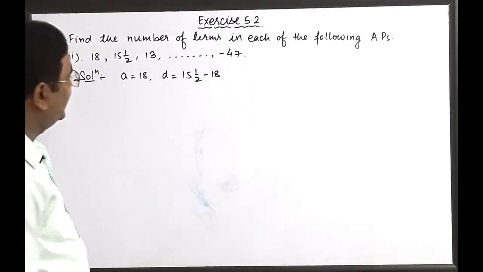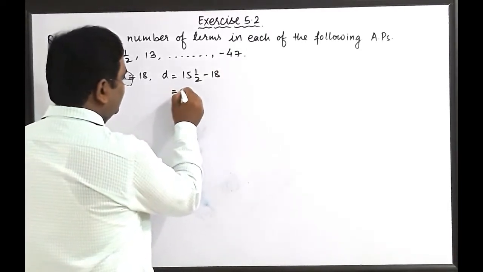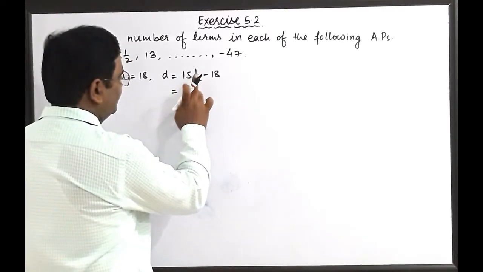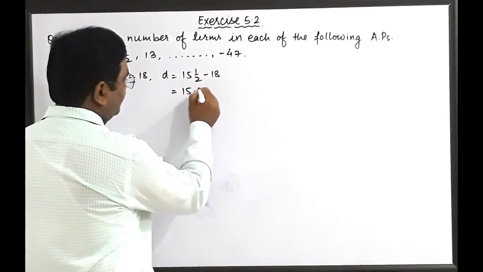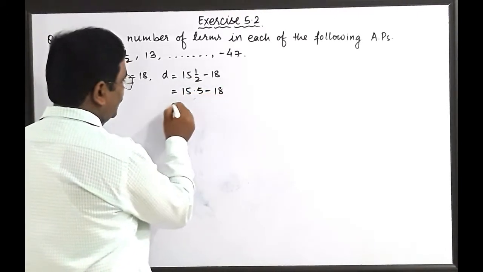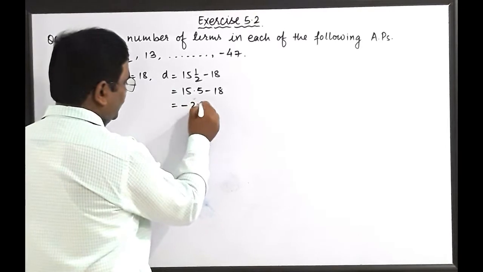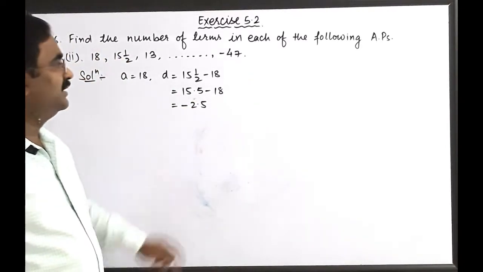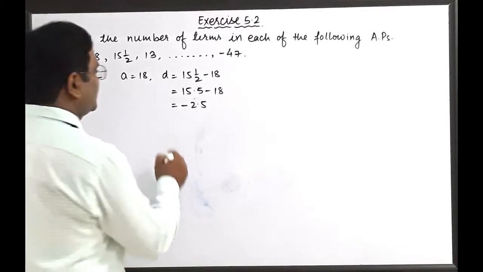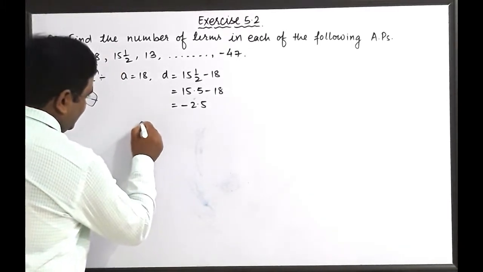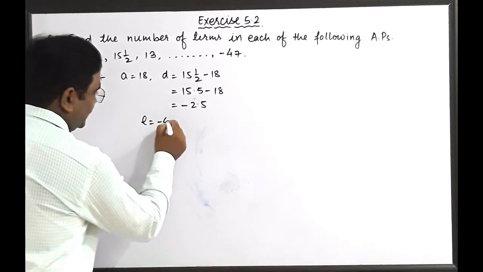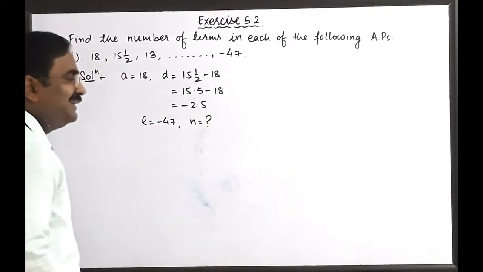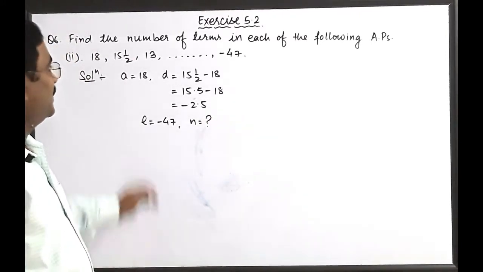Okay, 15 and a half means 15.5 minus 18, which is equal to minus 2.5. It is the value of d. And the last term is given, minus 47. Here we are going to find out the value of n, which is the number of terms.